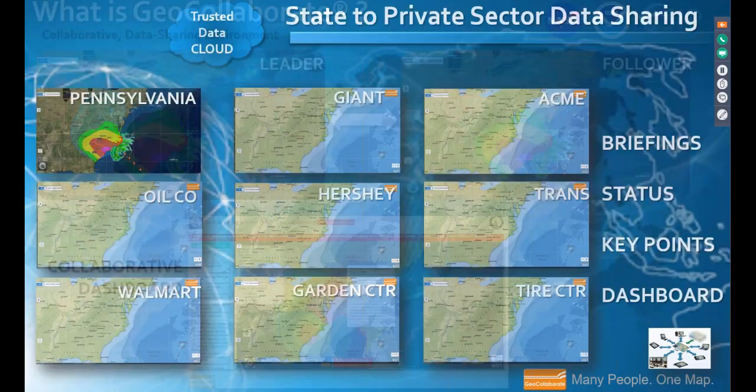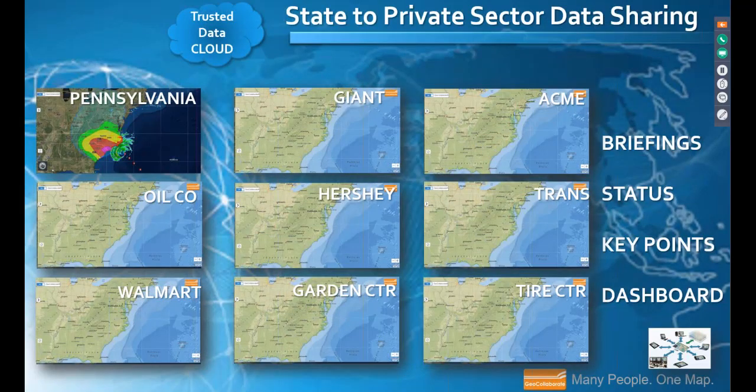Yes. Okay. So the next slide I want to show here, Tom, is an example. We're taking Pennsylvania and how they might share information out to the private sector, to organizations that might want to see information that Pennsylvania might be staging in a business emergency operations center.